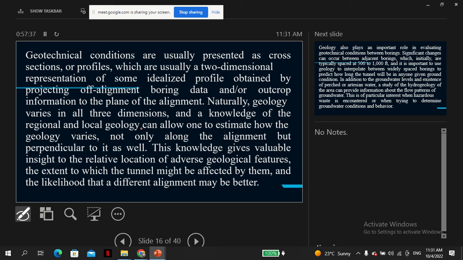A knowledge of regional and local geology can allow one to estimate how geology varies not only along the alignment but perpendicular to it as well. This knowledge gives valuable insight to the relative location of adverse geological features, the extent to which the tunnel might be affected by them, and the likelihood that a different alignment may be better.